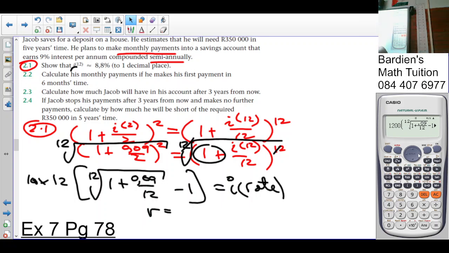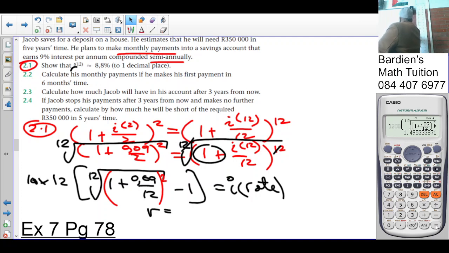Sorry about that. Nope, still wrong. So it's the 12th root of, minus 1. Oh, minus 11. I made more than one mistake.